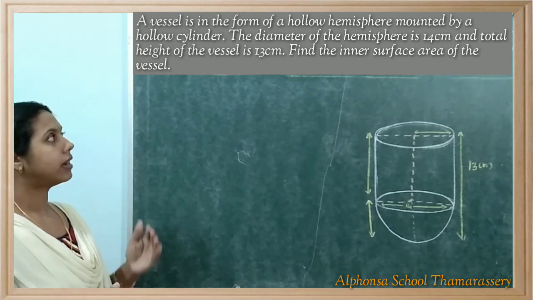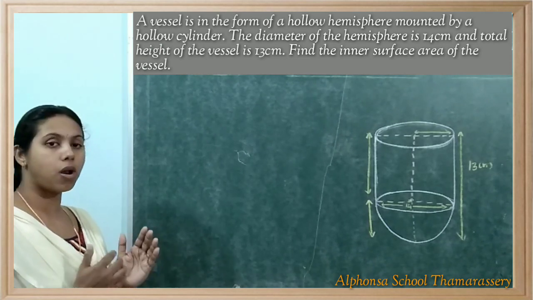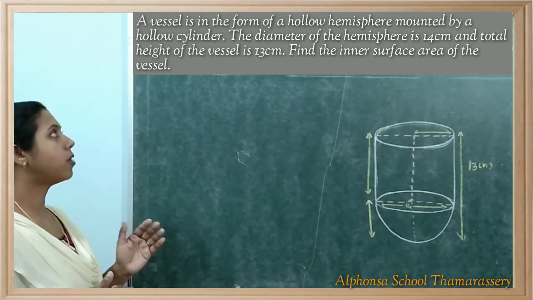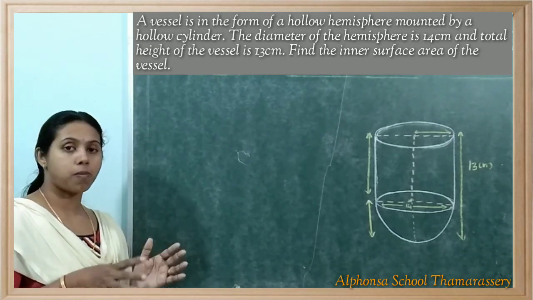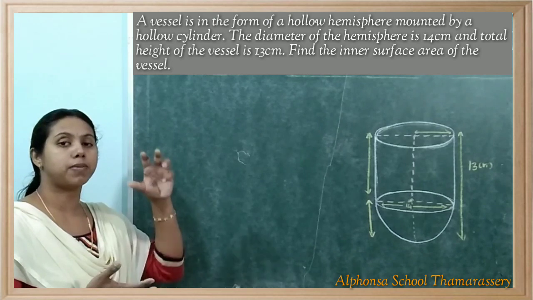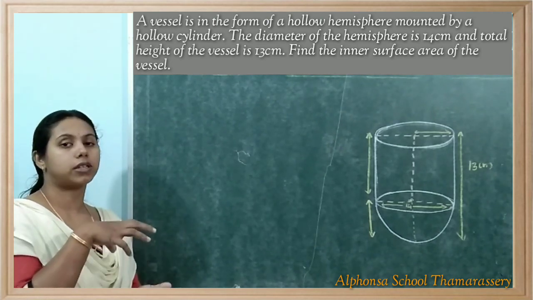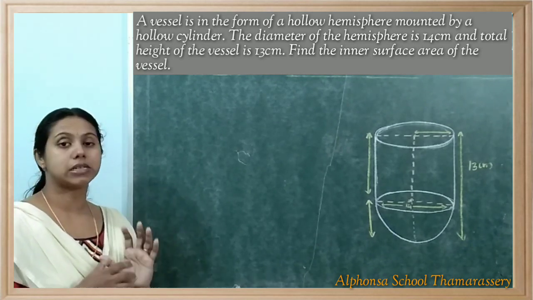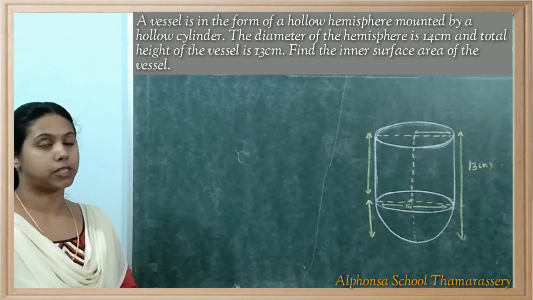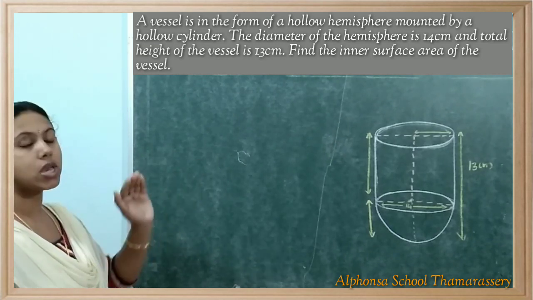So, it's given that a vessel is in the form of a hollow hemisphere mounted by a hollow cylinder. On the top of the hemisphere there will be a cylinder standing. Both are hollow.